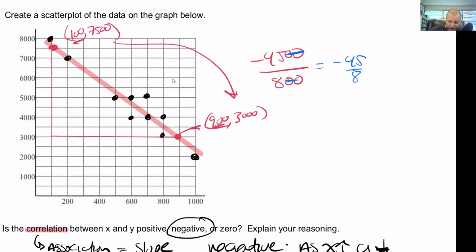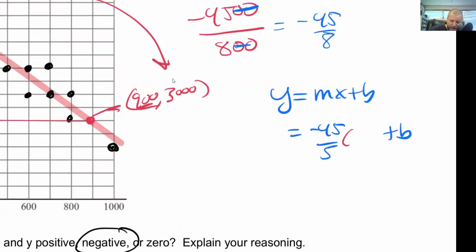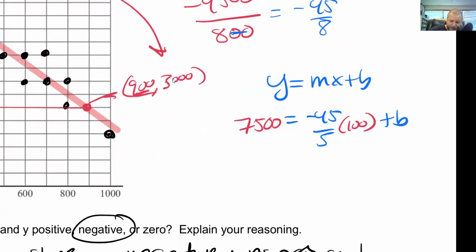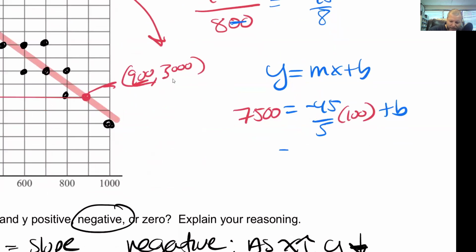To find the y-intercept, where we have y equals mx plus b, if my slope is like negative 45 over 8, I want to find some x and y coordinate that's on the line. So I'm going to go with, I don't know, this 100. So when x is 100, I should get around 7,500. So we can now simplify this.